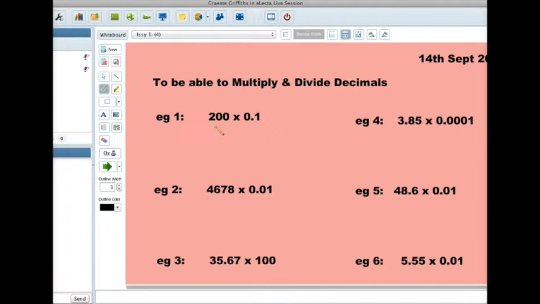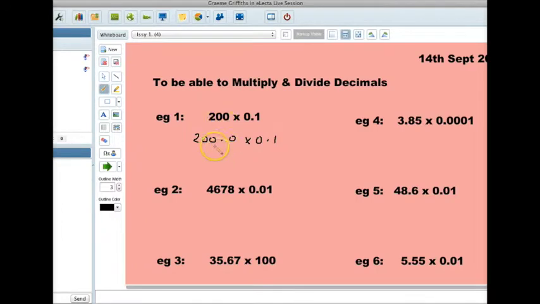Hi Margaret. Today we're going to look at multiplying and dividing by decimals. If we have a look at this first example, we've got 200 and we're timesing it by 0.1. So I'm going to write this as 200.0 times 0.1. When we're multiplying by a decimal, we always move the digits to the right.